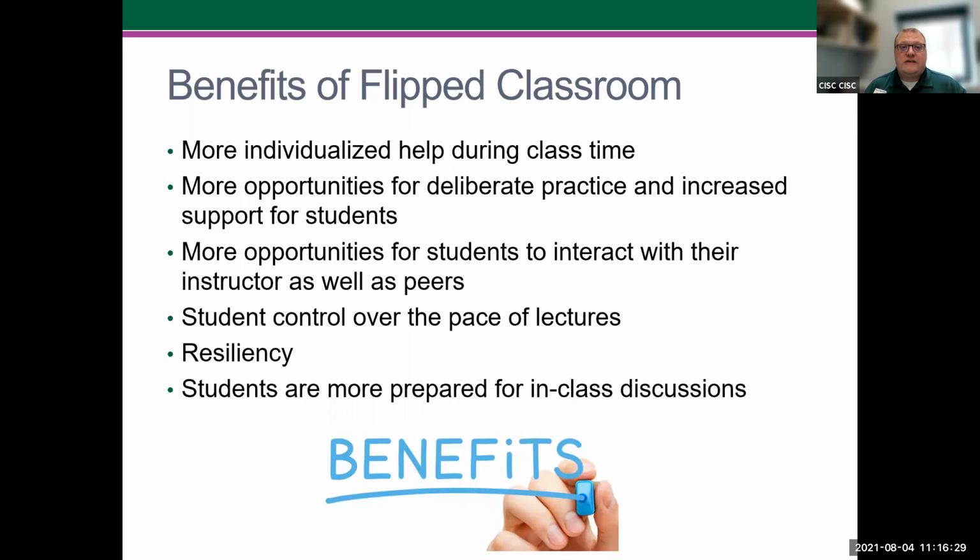You can tailor the learning experience for the students based on where they are. It gives you flexibility because you're not stuck to a PowerPoint lecture or a textbook outline, because they've already done that. So you can tailor the class to where your particular class is, even down to the student level.